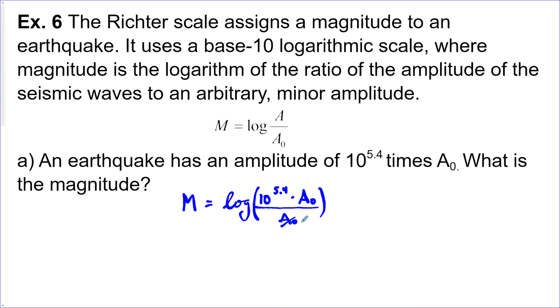We see that A0 and A0 will cancel, and I'm left with the magnitude is equal to the log of 10 to the power of 5.4. Now, this log is easy to do without a calculator because this base is 10 and this is also base 10. So 10 to what exponent gives me 10 to the exponent 5.4? Well, it's just 5.4. So that would be a magnitude earthquake of 5.4.